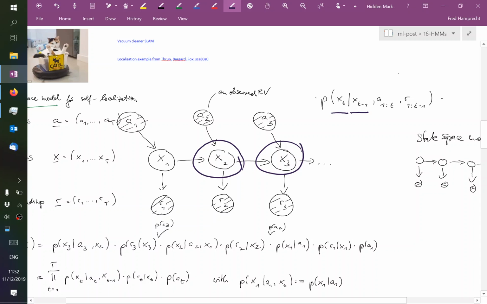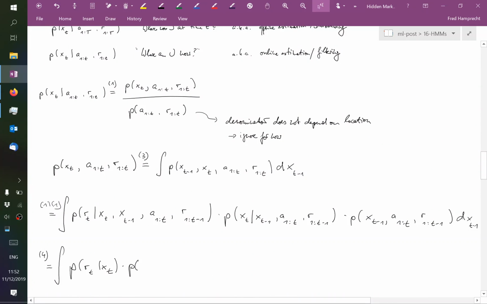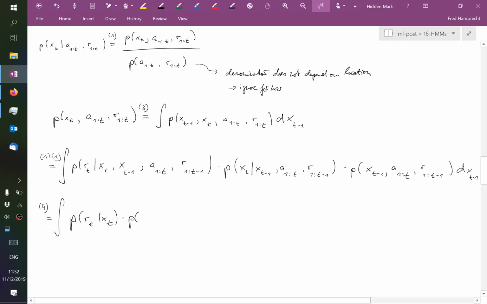And the only one that matters for x_3 is this action a_t. This one matters, but the rest does not. So I can omit this, and I can omit the actions from 1 up to t minus 1. All right. So down here, I'm now replacing this term by just the probability of x_t given x_{t-1} and given the action at time t.